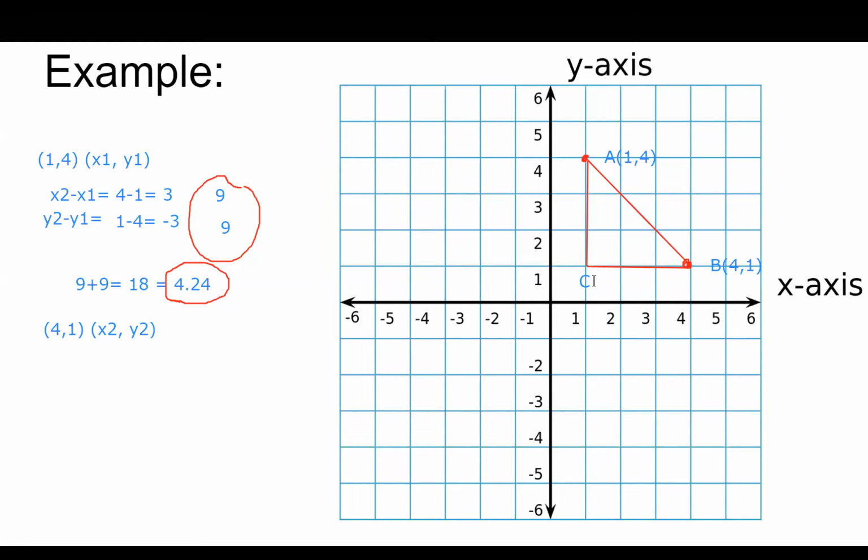And if you notice, the coordinates of C are, the X coordinate is 1 and the Y coordinate is 1 again. The Pythagoras theorem helps me finding the missing parts of a right triangle only when I know some parts already.